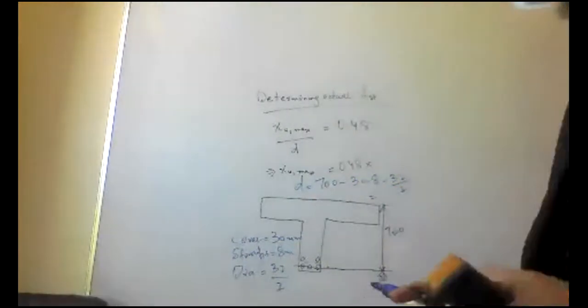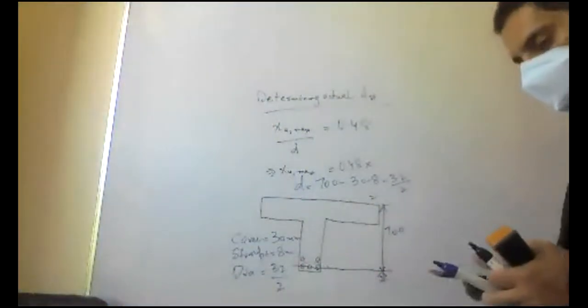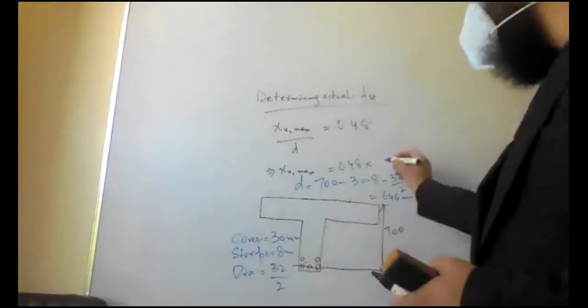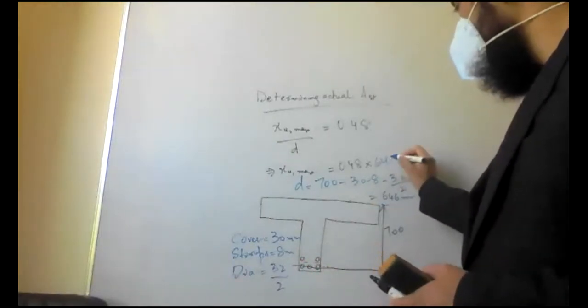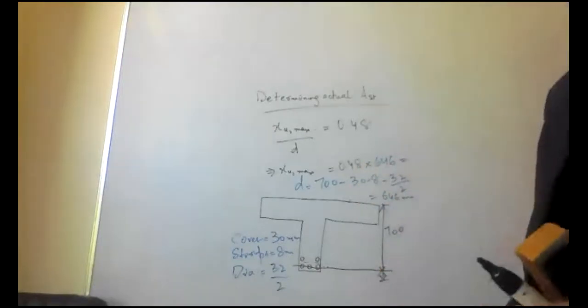Tell me what is it? How much is this? 646. Again, I have simplified. Otherwise, you have to take it in between these two. I am just simplifying this. So this is 646. 0.48 into small d.